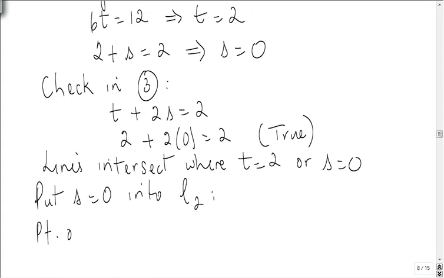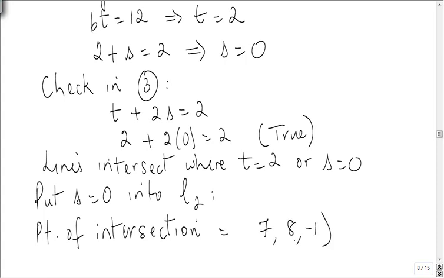Point of intersection equals 7, 8, negative 1. And that's that.